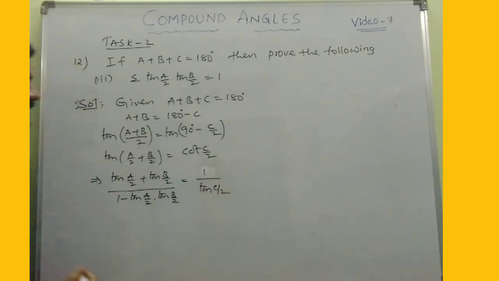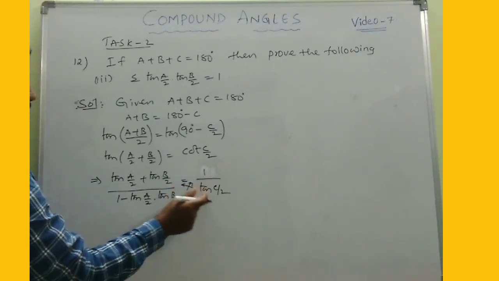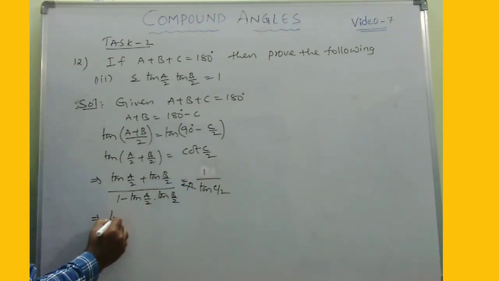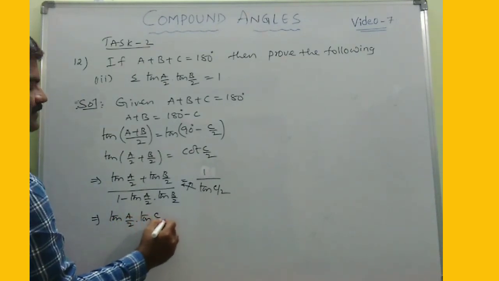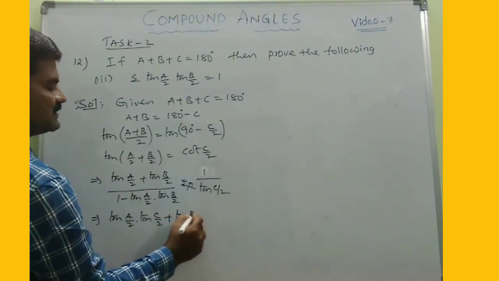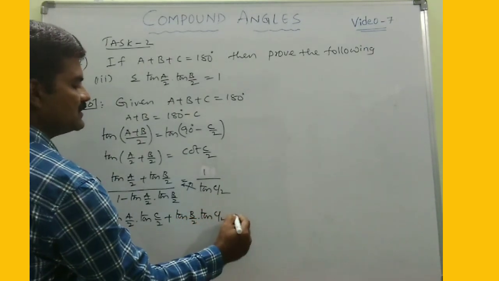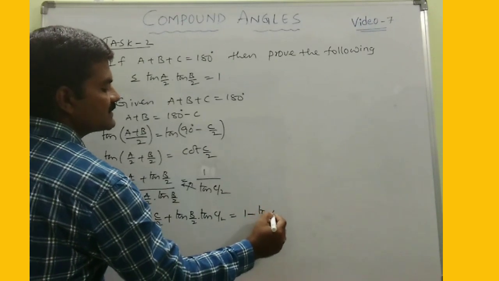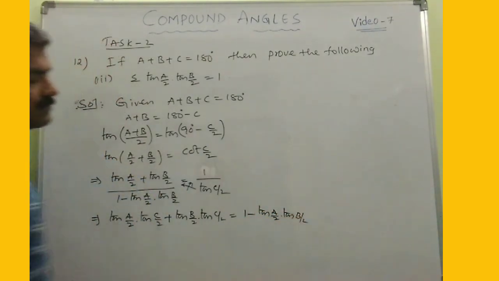Now go for cross multiplication. So that is tan A by 2 into tan C by 2 plus tan B by 2 into tan C by 2, which is equal to 1 minus tan A by 2 into tan B by 2.